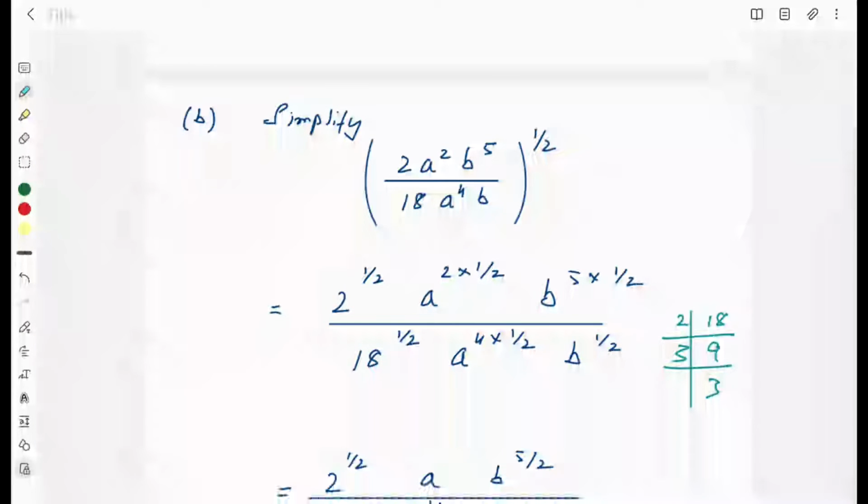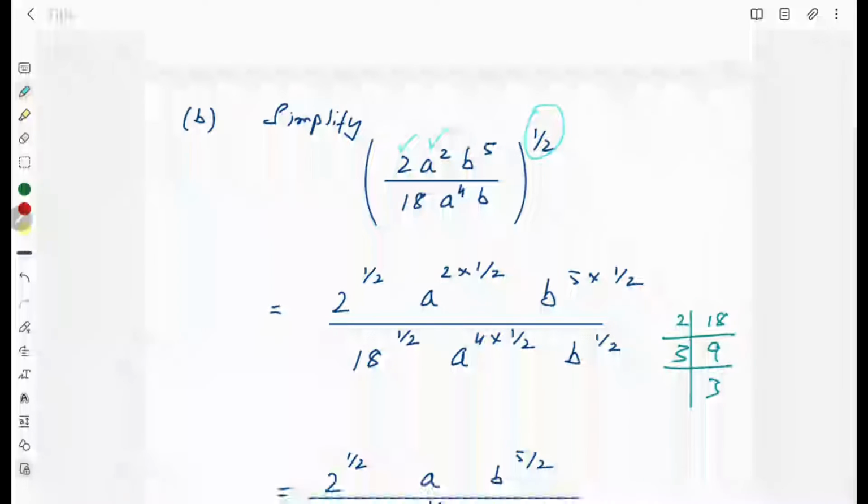Part B, simplify 2a square b power 5 over 18a4b, raised to the power half. Now see, power half will come on each and every element inside the bracket.